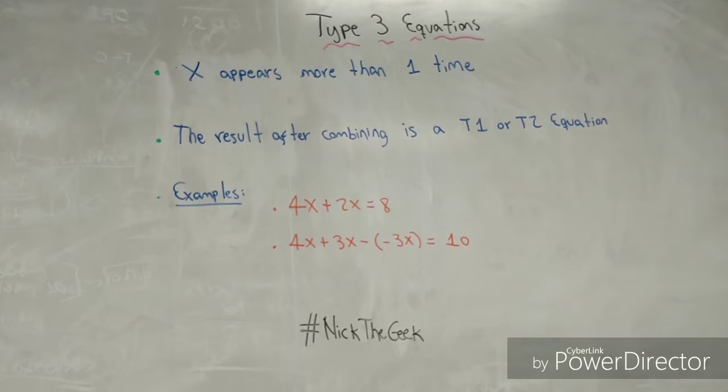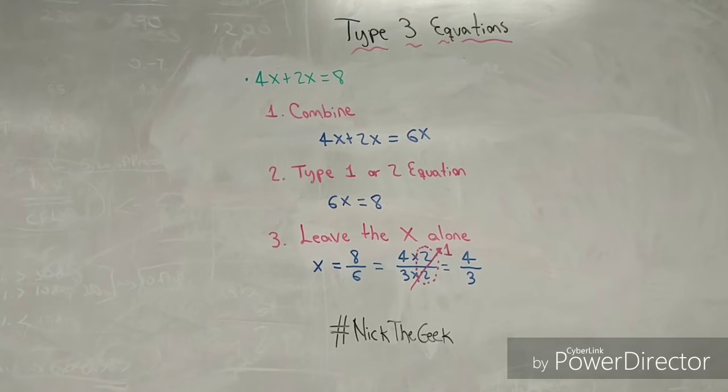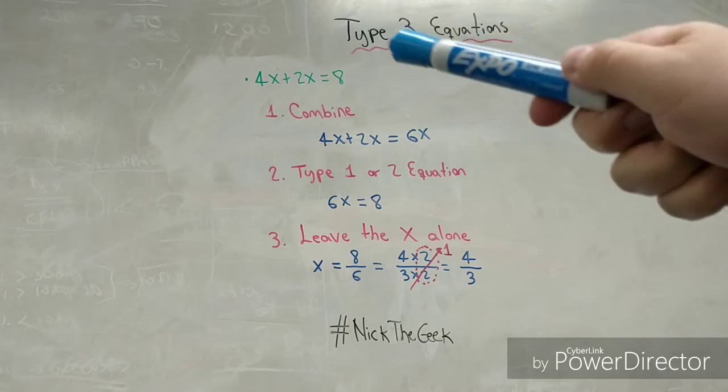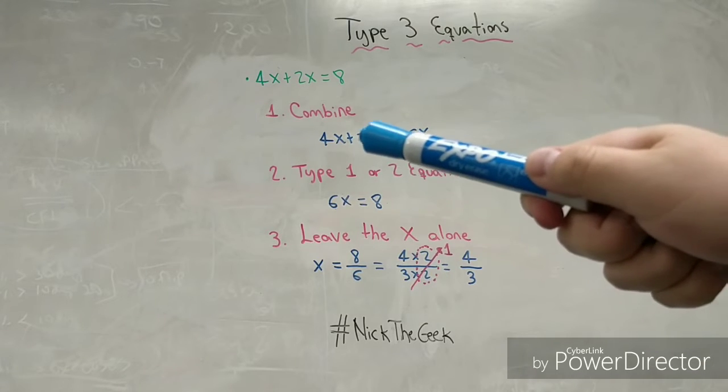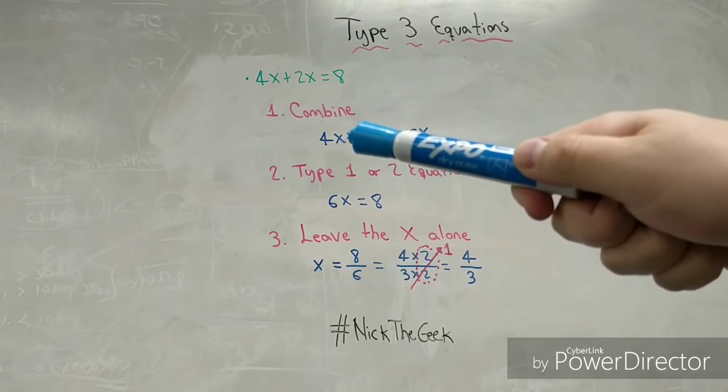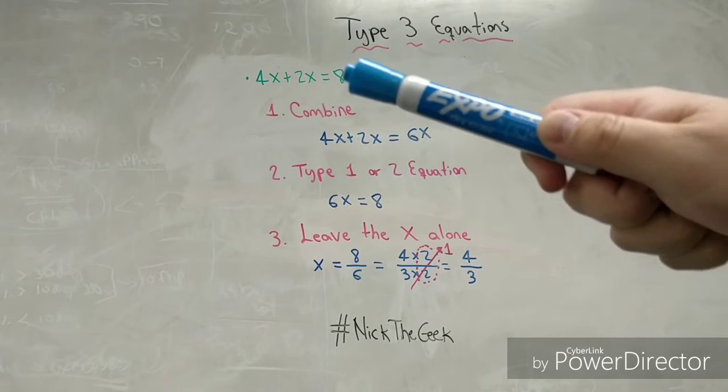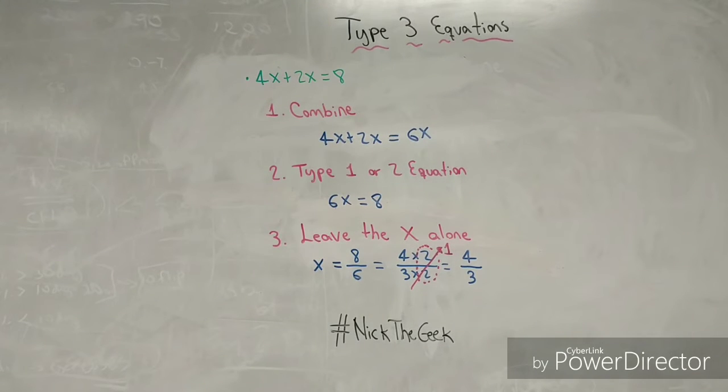Okay guys, for this first example we have 4x plus 2x equals 8. So the first step is combining. The x is here beside the 4 and here beside the 2, right? So we can combine them because it's the same x.